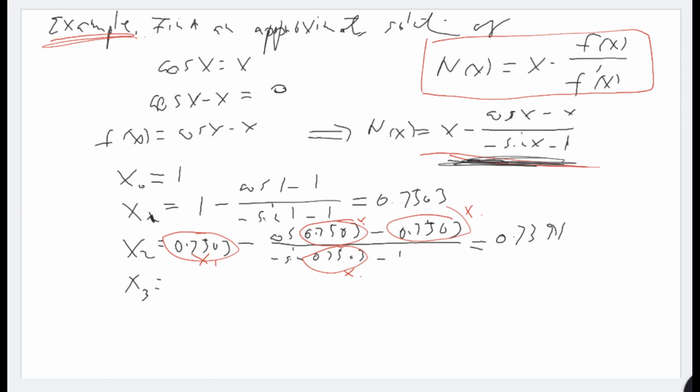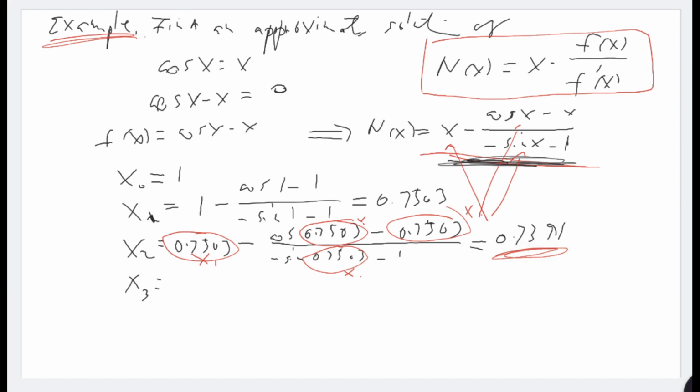I'm not going to plug in again. I would plug in this for x, and simplify the right hand side. I get x3 from x2. This is x2.